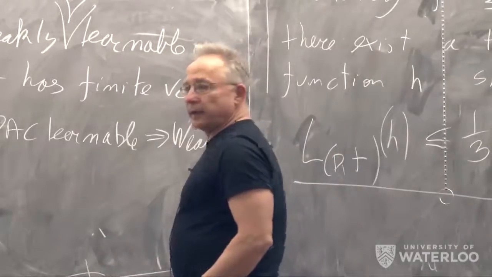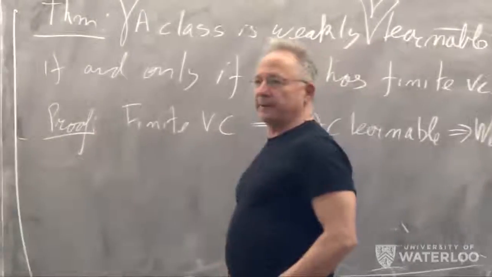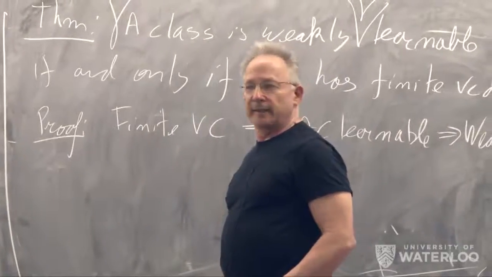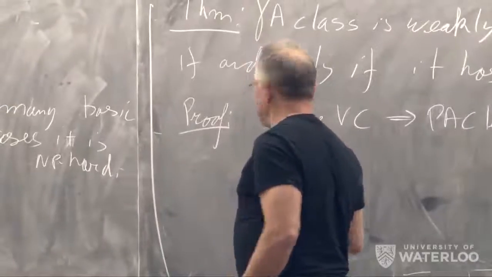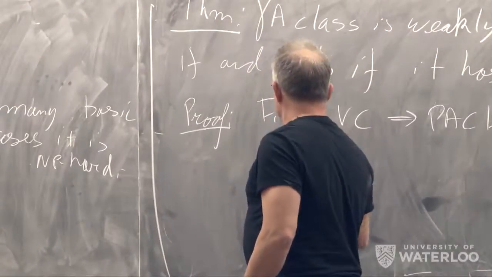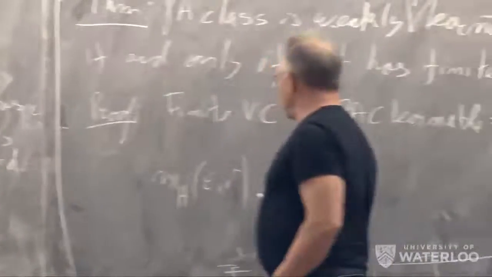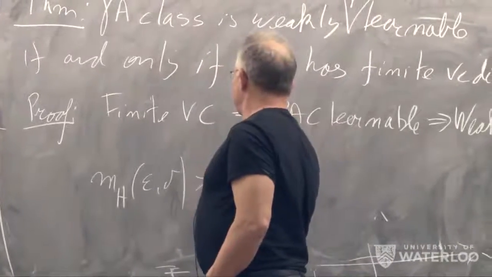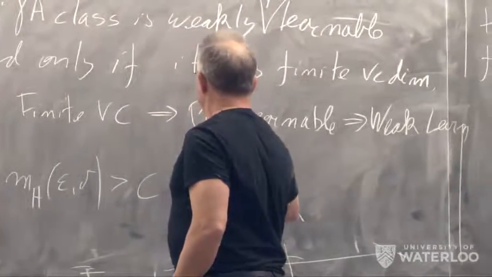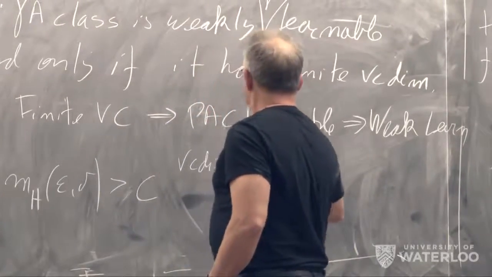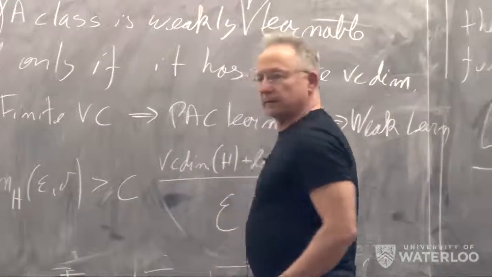And in the other direction, we know that infinite VCD implies, we know the sample size: MH of epsilon delta is at least some constant times VCD of H plus ln 1 over delta, divided by epsilon.